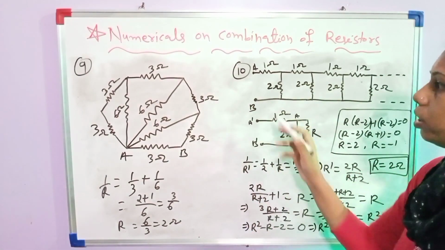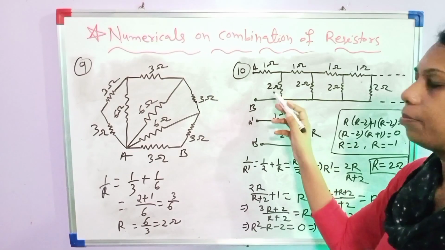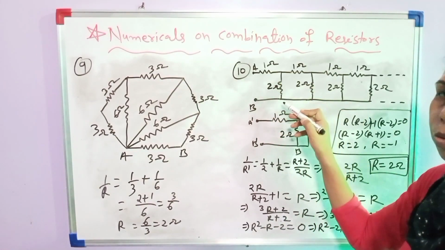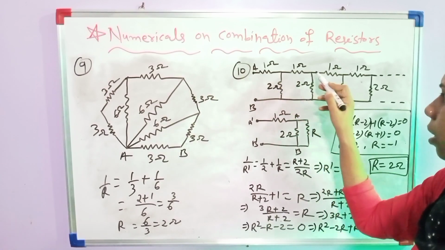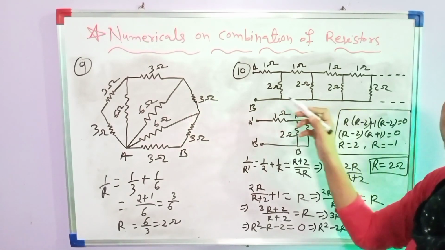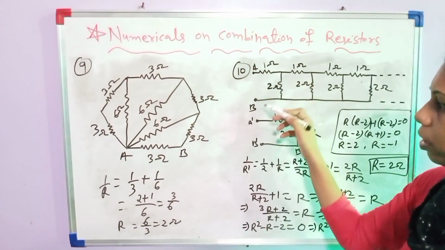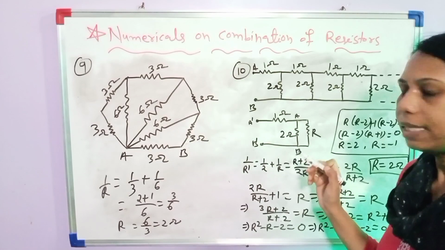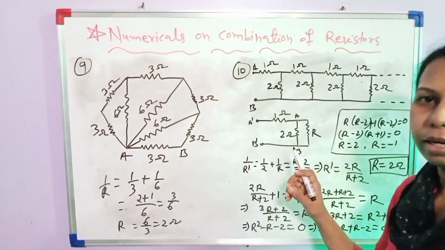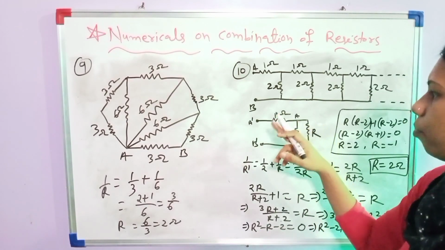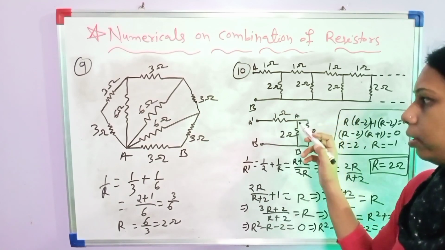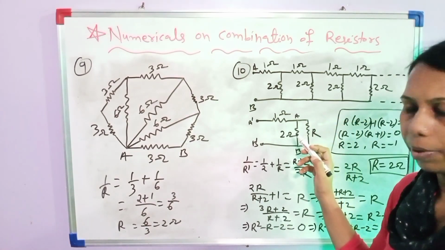Next, question number 10. There is an infinite ladder network consisting of a set of resistors 1 ohm and 2 ohm. 1 ohm, 2 ohm, here again 1 ohm, 2 ohm, again 1 ohm, 2 ohm up to infinity. We have to find the equivalent resistance between A and B. Since it is an infinite ladder network, if we add one more set of resistors to the given network, then its resistance will not be affected.